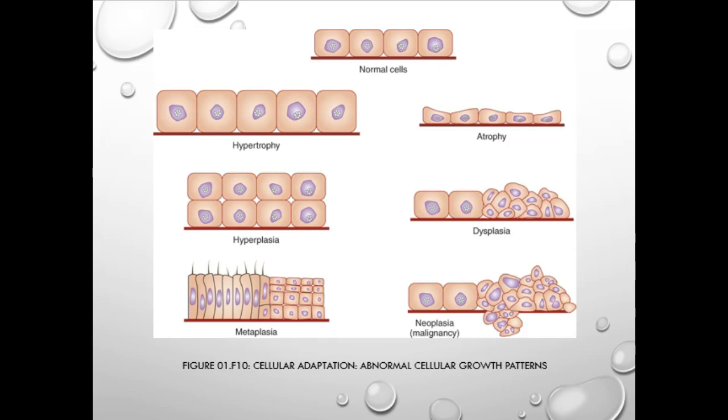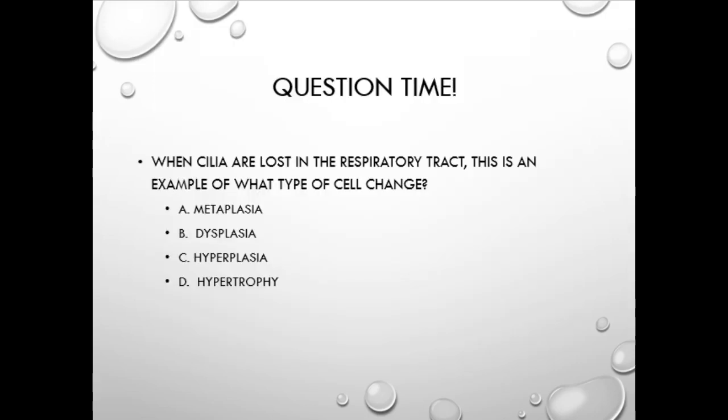Dysplasia, they're trying to show you the change in the size and the shape, and atrophy, of course, is going to be the decrease in that size. So once again, I'll take it right from those notes because I do think it kind of gets a little wonky here with a crossover. Neoplasia, we'll talk about as its own separate entity. Okay.